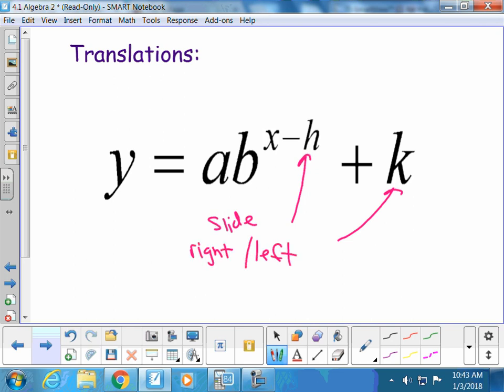If H appears negative, it will be sliding right. And if H appears positive, it will be sliding left. It's opposite from what you expect. And then K is our slide up, down. And it's going to be exactly as it appears. So if it appears positive, it's up. If it appears negative, it's down.